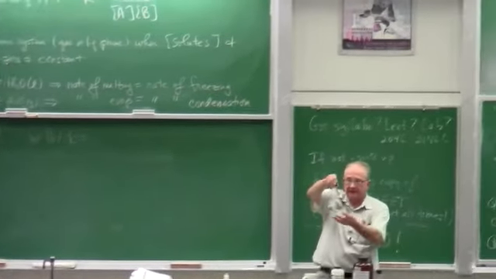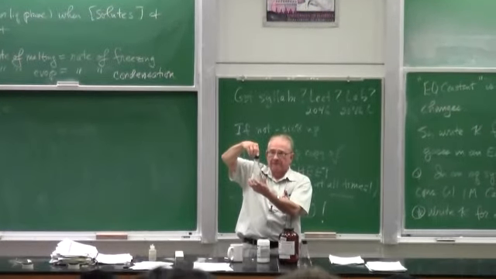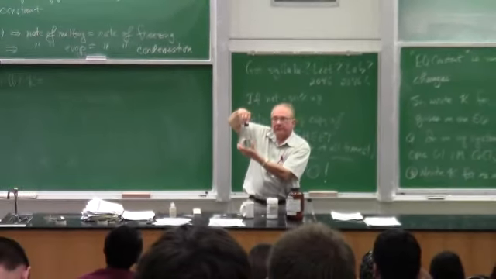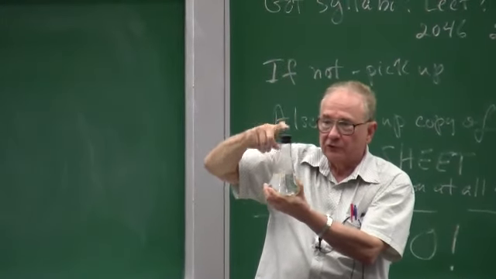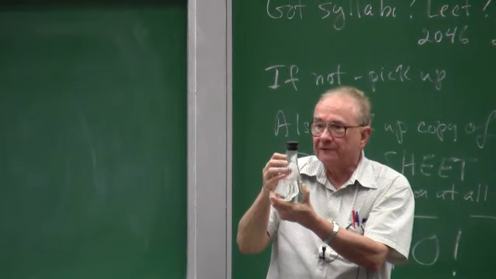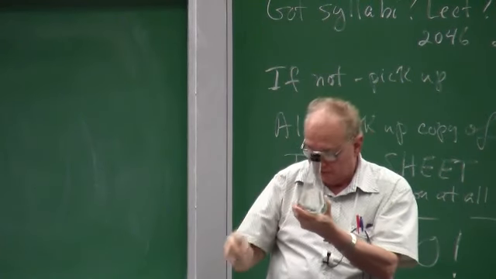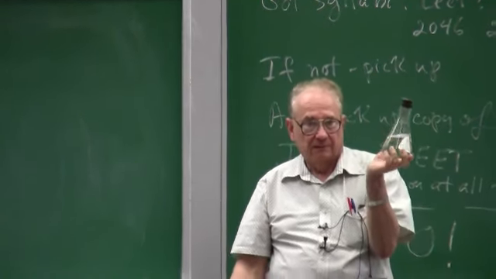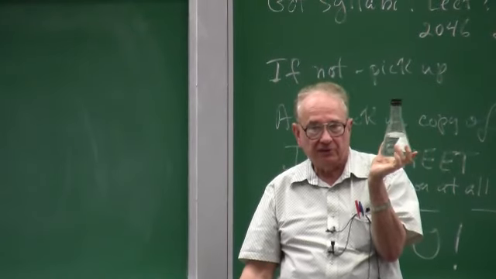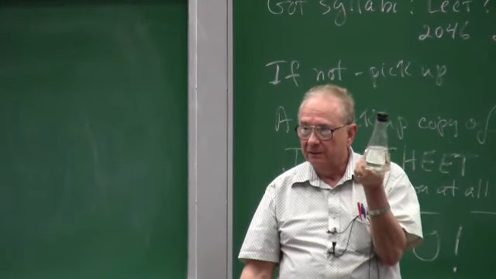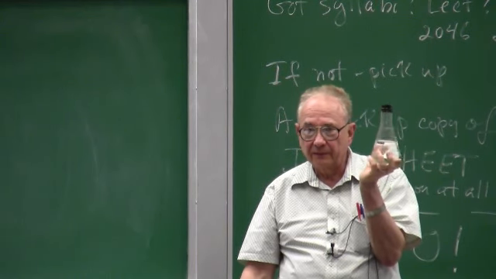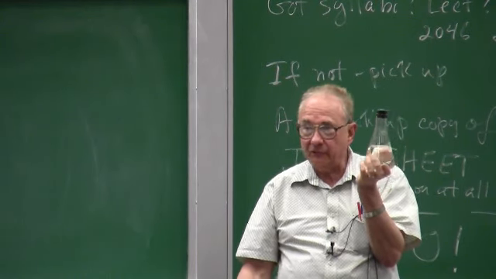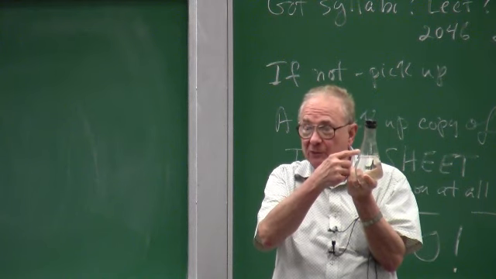If I take this flask and I apply enough pressure to the stopper, the rubber stopper, so as to force the stopper deeper into the cylinder, will I change the molar concentration of gas in here? Water vapor? I have to. I'm making the volume which it occupies smaller.